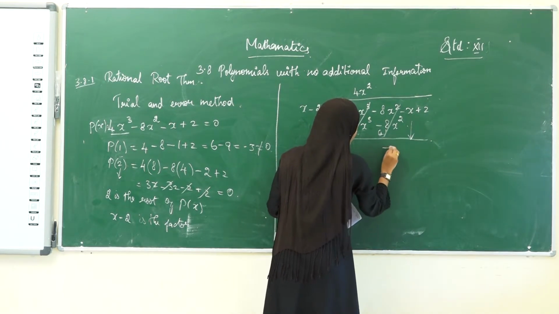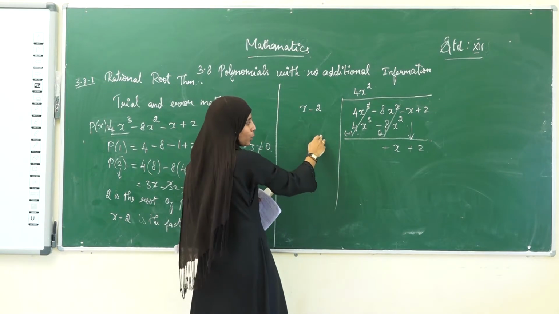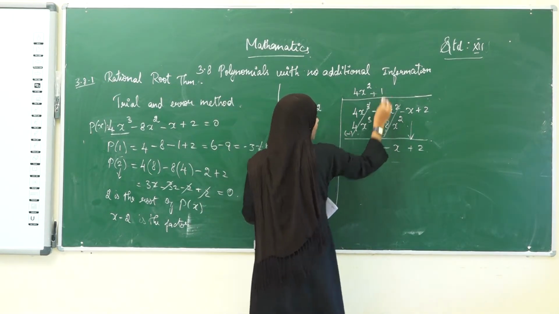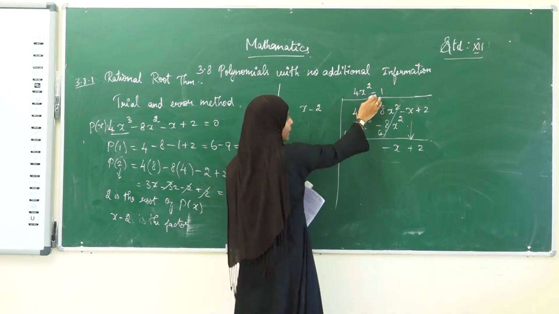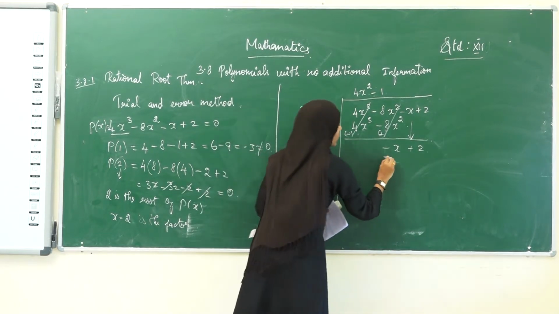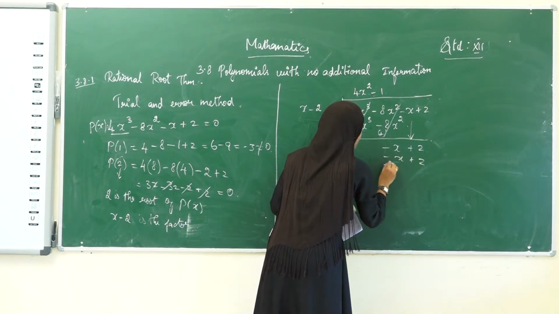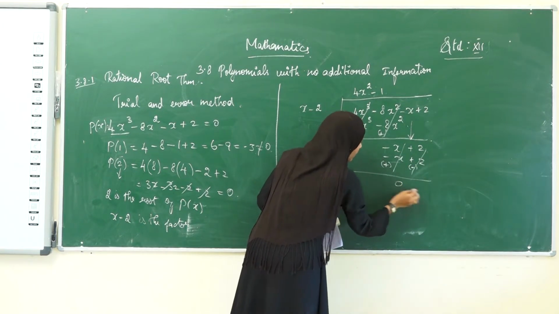Let us get this down, that is minus x plus 2. So, x minus 2 into minus 1 gives this answer, right? Minus x plus 2. Change the symbol again. Then both terms get cancelled. The remainder will be 0.